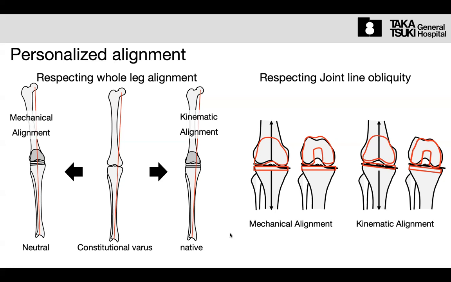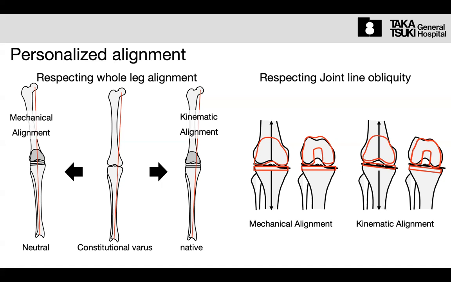Okay, you understand? This is the difference. This is a very, very different concept. But generally, the movement is shifting to personalized alignment. Now our focus is which kind of personalized alignment is best for each patient.